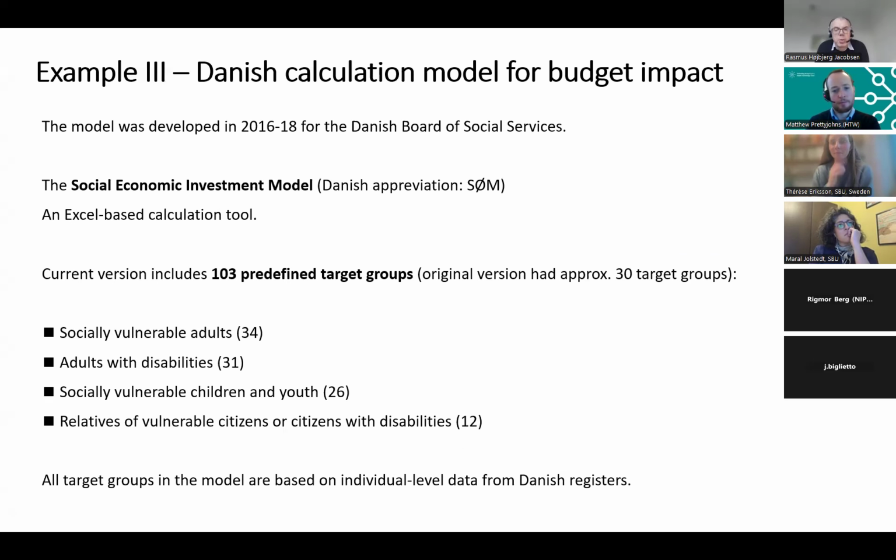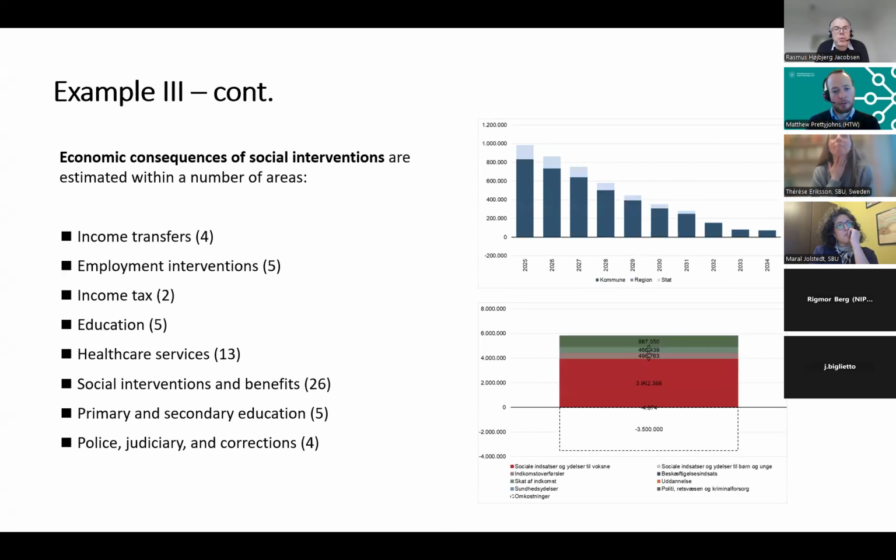Yes, we can change now, please. So the economic consequences of social interventions are estimated in a number of different areas: income, employment, healthcare, social interventions, primary and secondary education, police and corrections.